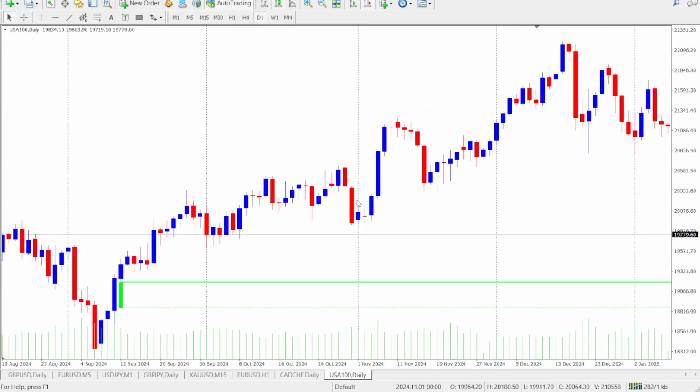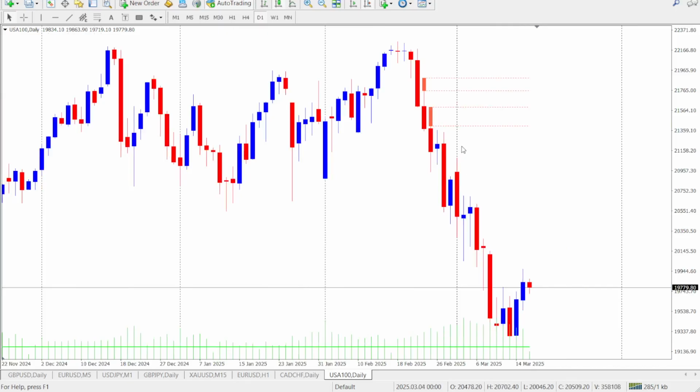And then you're going to see red, this is another example. You're going to see red rectangles in the downtrend, which are potential sell zones. These gaps indicate areas where the market may return to fill liquidity, making them valuable for spotting entry opportunities.